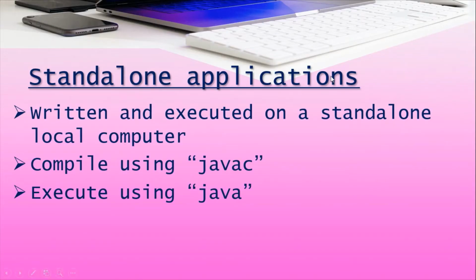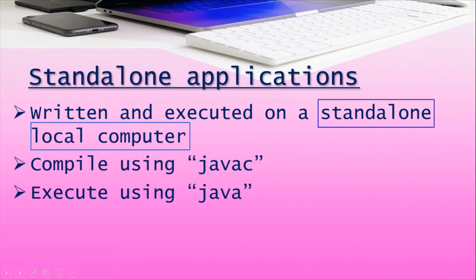Now, standalone applications are written and executed on a standalone local computer. What does it mean? It means that we install Java in that computer and we write the Java program in that computer.